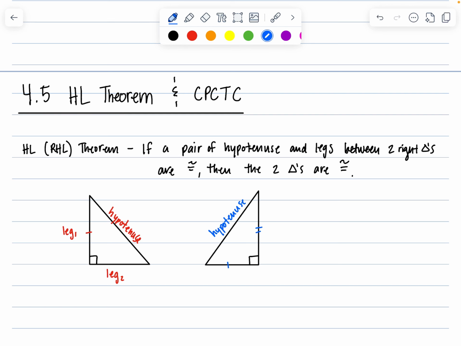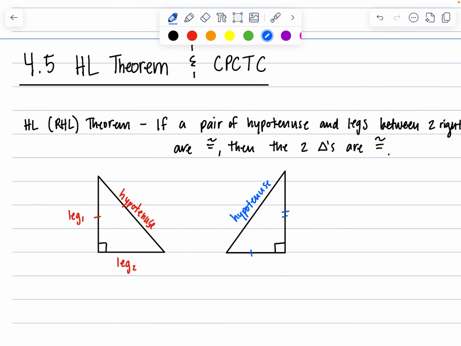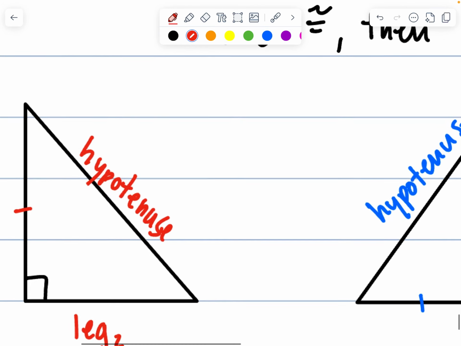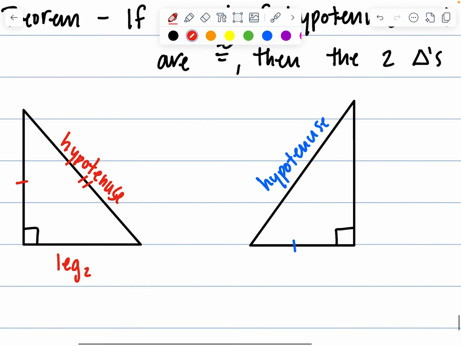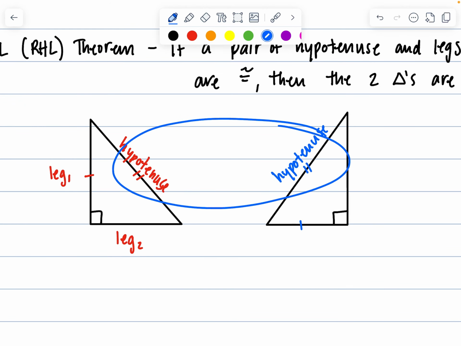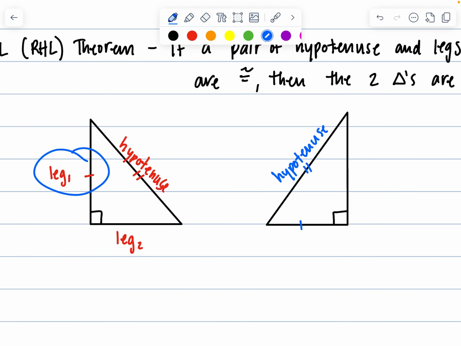It doesn't quite matter what this other one is, because the moment we have a pair of hypotenuse and legs that are congruent, I'll mark this one with 2 ticks, and this one 2 ticks. So here we have a pair of hypotenuses that are congruent, and then legs that are congruent.